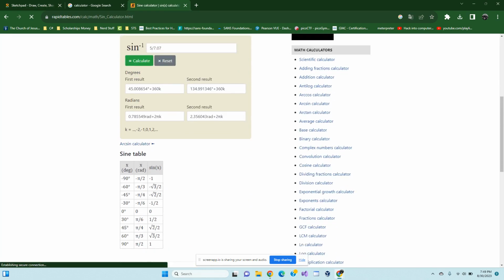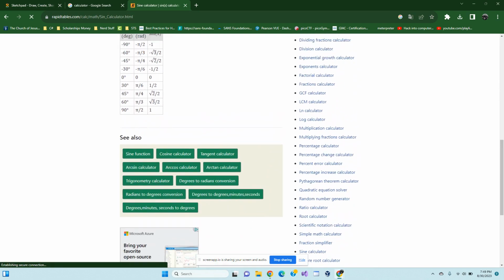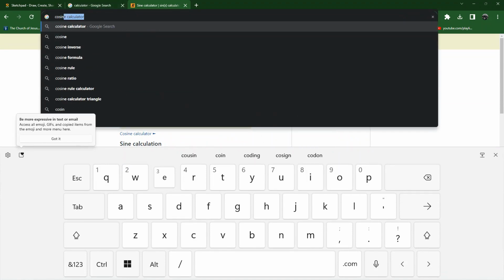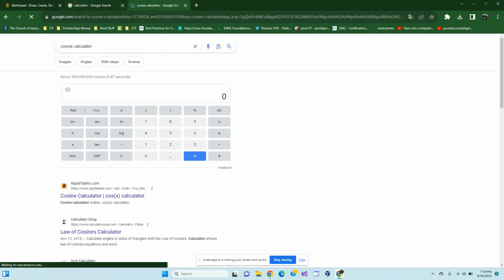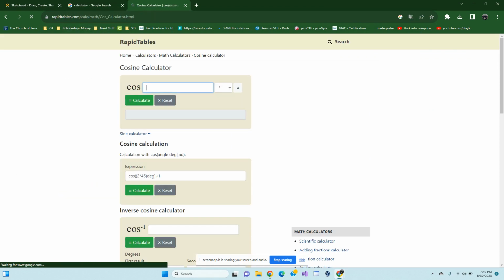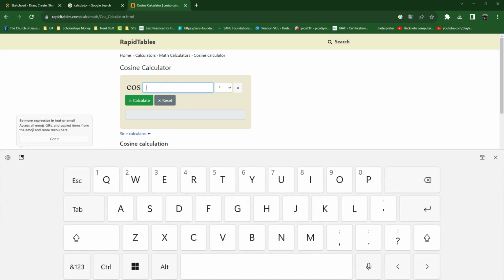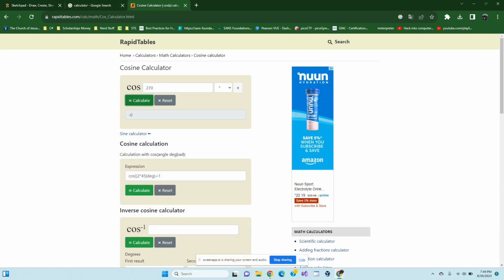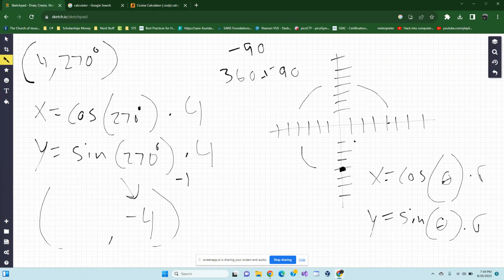Now, is there a cosine? No, there's not. So I'll just look up cosine calculator. And the cosine of our angle, which is 270, equals negative 0, which is just 0. 0 times 4 is 0.